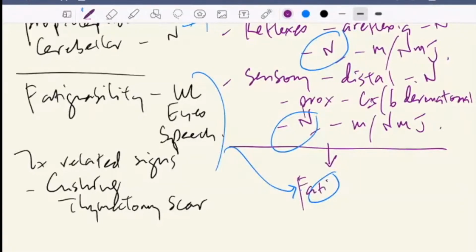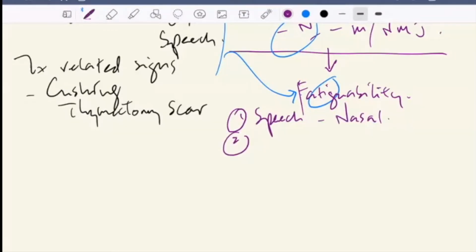First, for the speech, we ask the patient to count from 1 to 10, looking for reduction in the speech and the volume. What kind of speech is that? Nasal speech. For the eye, is there any ptosis with fatigability? How do you check that?